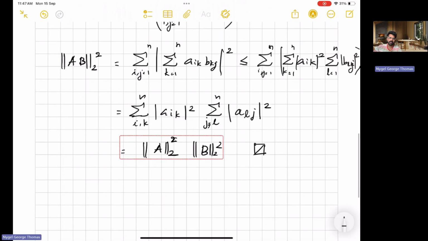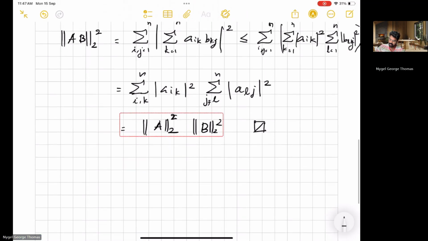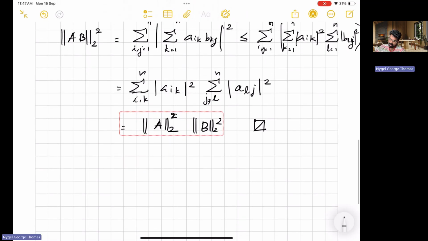So there are a few more things about the L2 norm. First thing is the L2 norm of a matrix A, the L2 norm of matrix A is also called the Frobenius norm.